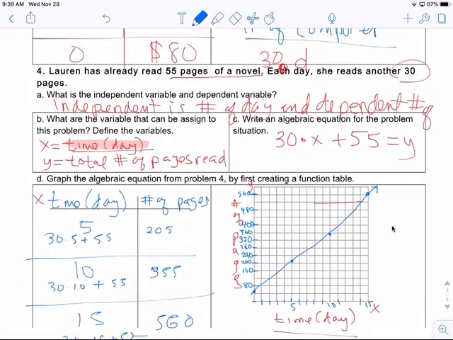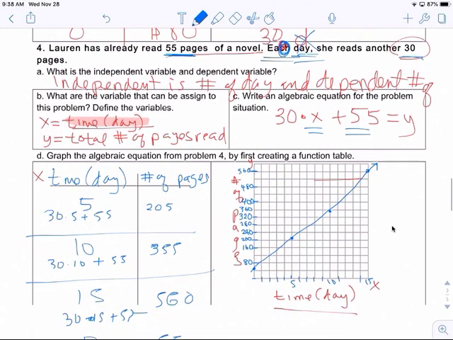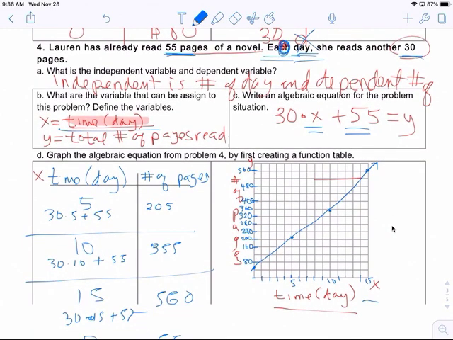She's already read 55 pages plus 30 for each day, D is day, so 30 times D, and instead of D I use X, so I know X represents the time in days. And Y is the total pages they've read. And then graph it, and then I change to 5, 10, 15, so it's easier to number here by 1.